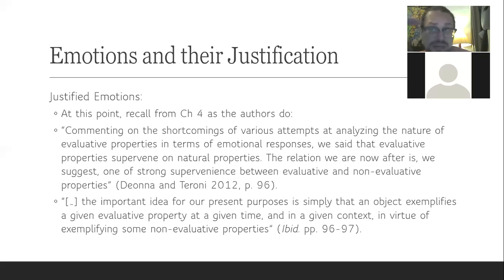And that maybe supervenes on other properties, like the symmetry of the face of the person in the picture, or the colors that are used. So the idea is that beauty or admirableness supervenes on natural properties. That's what the authors are appealing to here, this idea of supervenience, entailment.